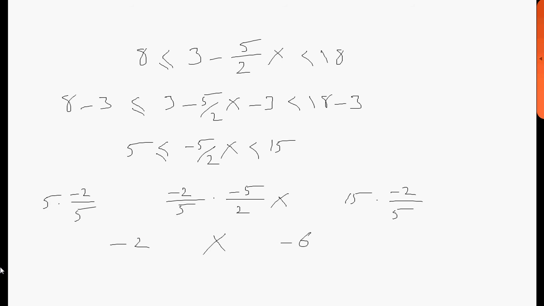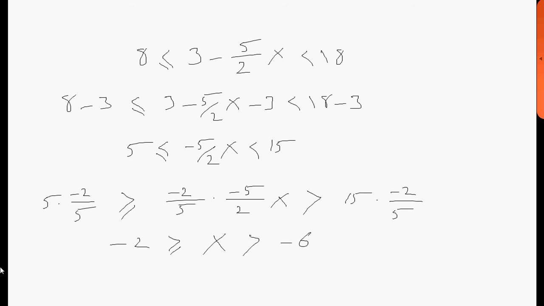But don't forget that since -2 over 5 is a negative number, I have to change the direction of the inequalities as well. So this means that x is between -6 and -2.